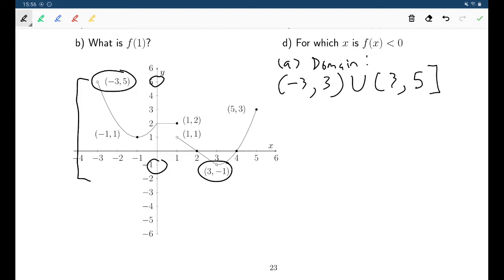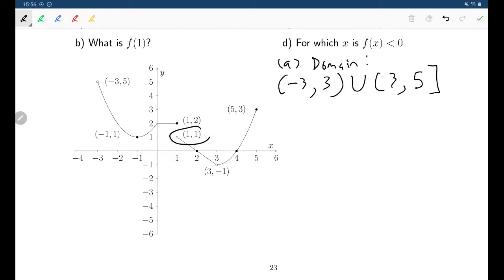All the other values in the middle, however, are. You can see that even though I don't have the point 1, 1, I do have a point that does have a y value of 1, so y value of 1 shows up. And in fact, we've got y values between -1 and 1. We've got y values from 1 and larger. So we have y values going all the way from -1 up to 5.